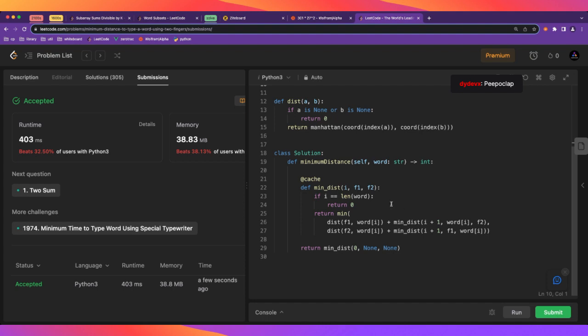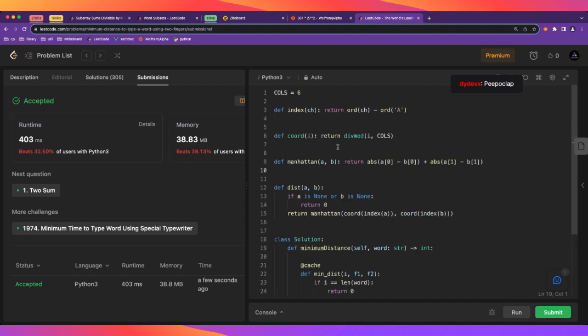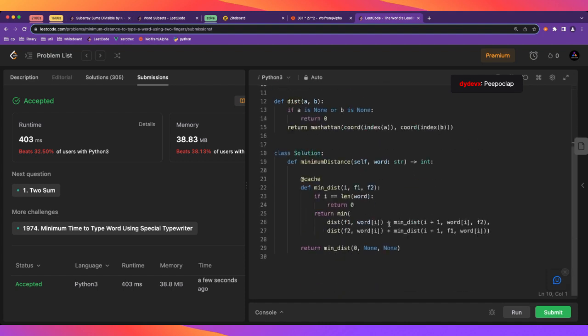I think the code is pretty simple. So I wanted to, does it matter which finger is which? Not really. So what if I do this?